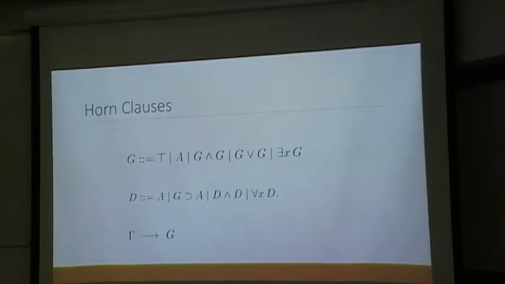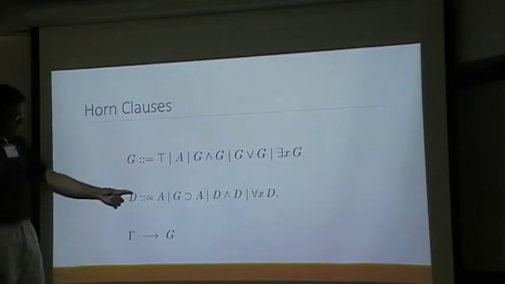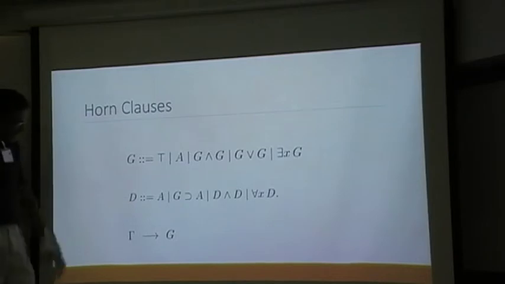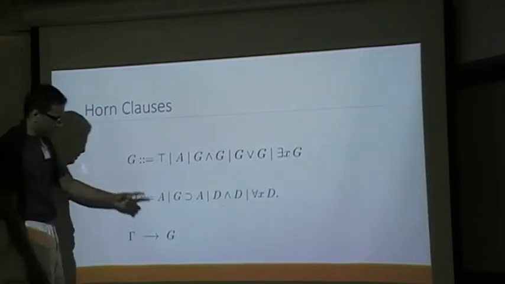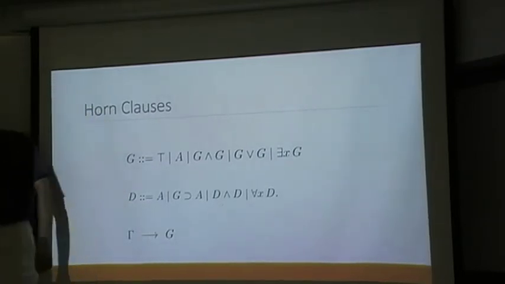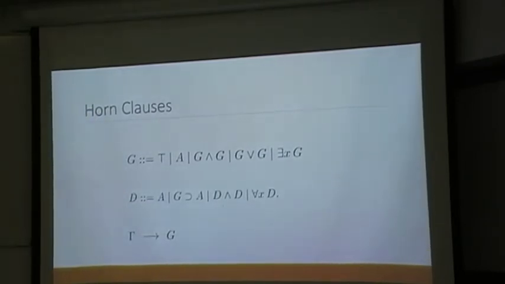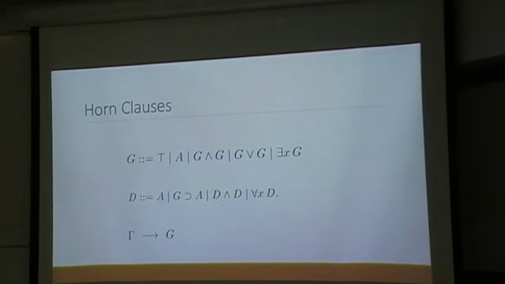So if one goes and looks at Horn clauses, here I'm going to call these G's and D's. D's you think of as declarations, and gamma is a collection of declarations. G is a goal. So if we look at deduction, the way logic programs evolve, it happens by uniform proofs, but on the right-hand side.